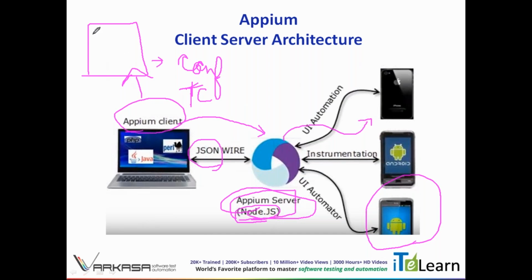Basically your Appium client is nothing but the automation script that we code. This script can be in any programming language: PHP, Java, Perl, Python, C Sharp, and so on. Whatever programming language you use to script your automation code, that is what you call the Appium client. So what does your Appium client hold?